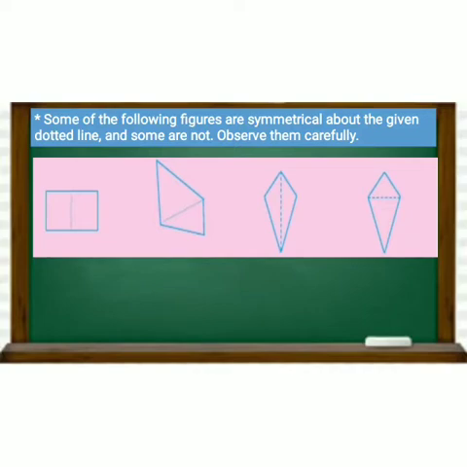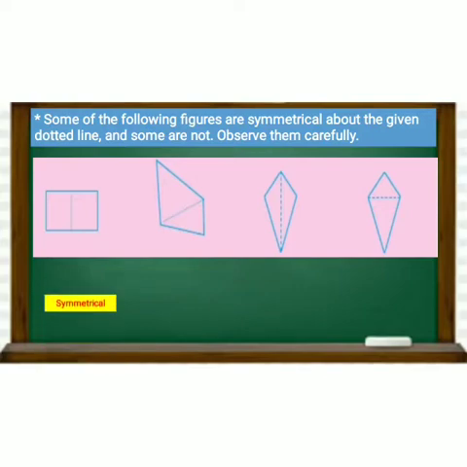From these figures, if you observe them carefully, some are symmetrical and some are not symmetrical about the given dotted line. Now you can see in the first picture, the dotted line is given. So if we fold this, then the first part falls exactly on the other part.